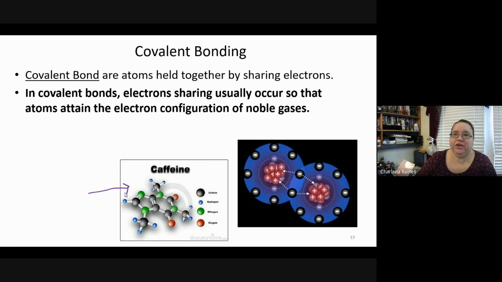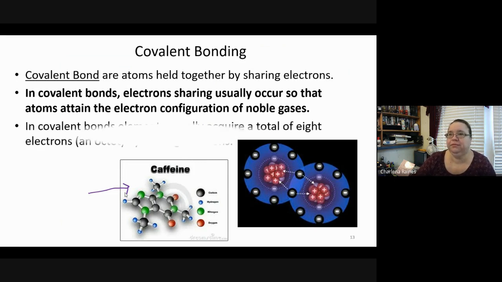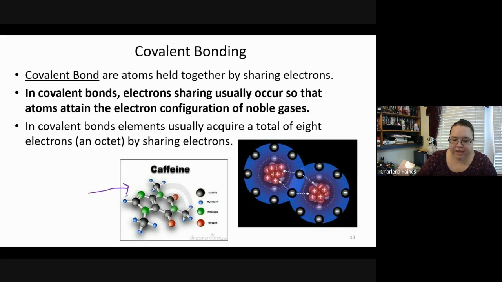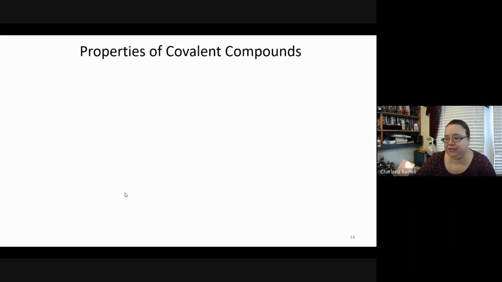And they share their electrons in order to get that octet, but they also share their electrons because they have very similar electronegativity values. So my ionic bonds form by transferring electrons to get their octet, covalent share. Now, since my covalents are sharing and they're cooperating, they do have very different properties.